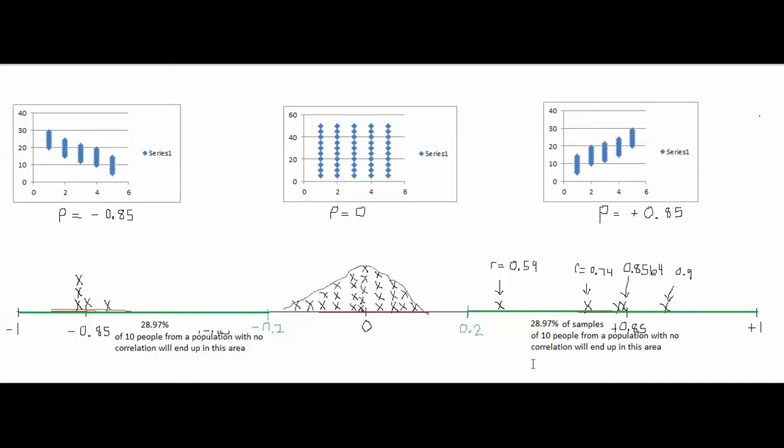So instead of saying 28.97% chance, we would say each random sample of 10 people from a population with no correlation has a 0.2897 probability of ending up in this area.